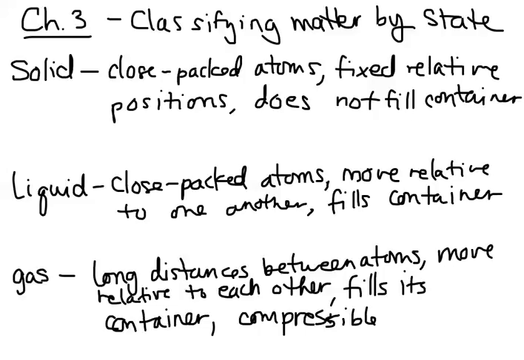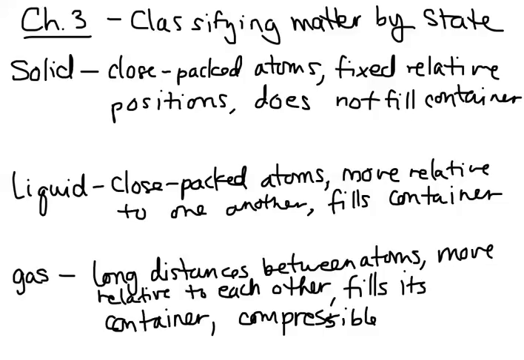Gas is compressible because there's long distances between atoms, so you can push them closer together. And the relative distance between those atoms is why, if you have a little bit of water in a container, when you heat that water up and turn it into gas, it can fill a balloon that's larger than the initial volume of that water, because those atoms have longer distances between them.